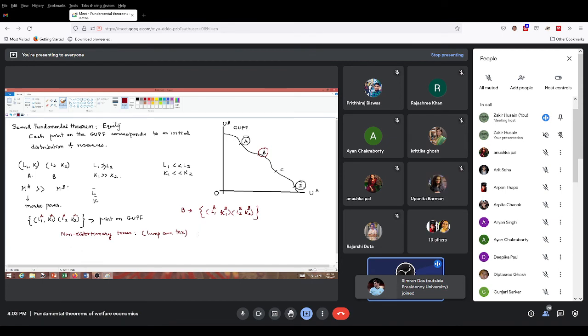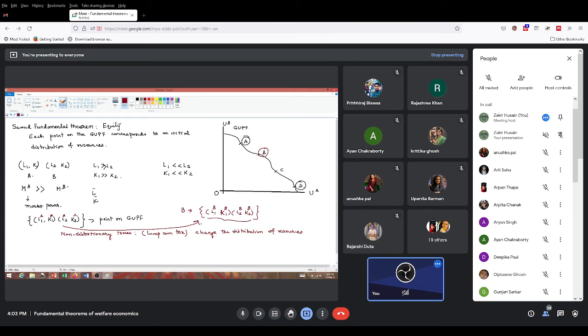If we impose a non-distortionary tax and change the distribution of resources, I move from this distribution to this distribution, and then I step aside. Now if I start from this distribution, where will I end up? I am going to end up over here, which is what I want.